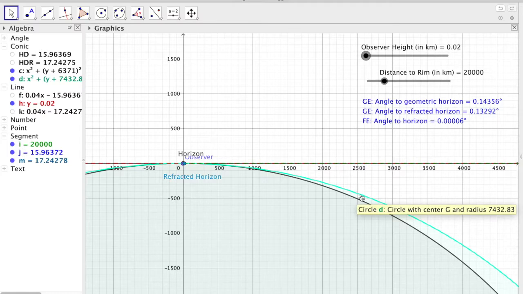This blue-green one is a circle with a bigger radius, and we use that as a model for how distances and things look if we take refraction into account.